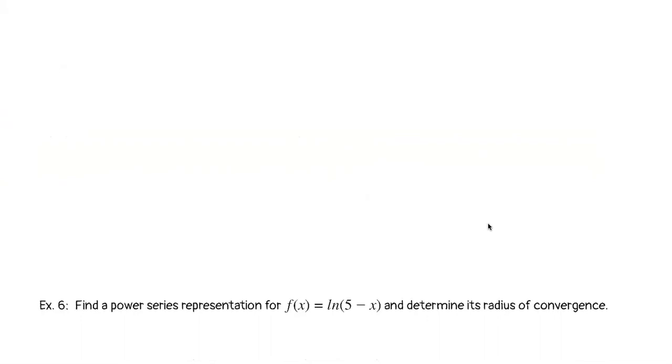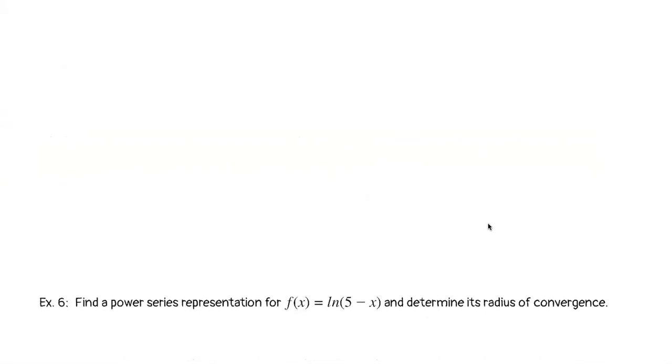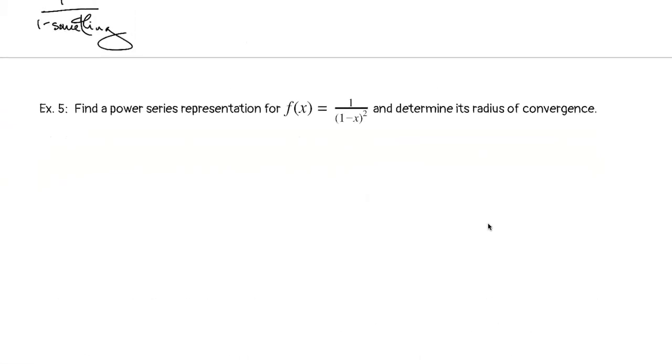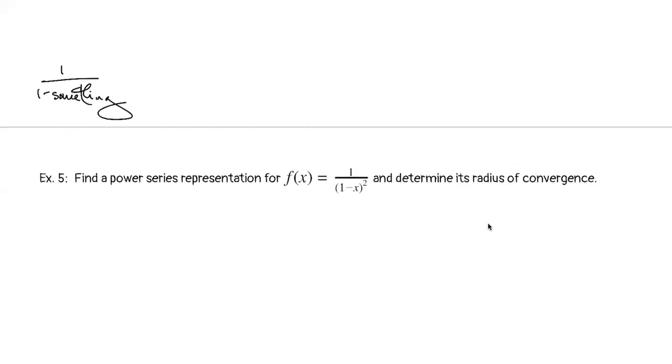And then in example number 6, I've got a natural log. I don't even have a 1 over 1 minus something, not even in the least bit. It's a natural log, totally different function, okay? But here's one of the reasons that it's so helpful to really know your derivatives and your integrals well, okay?